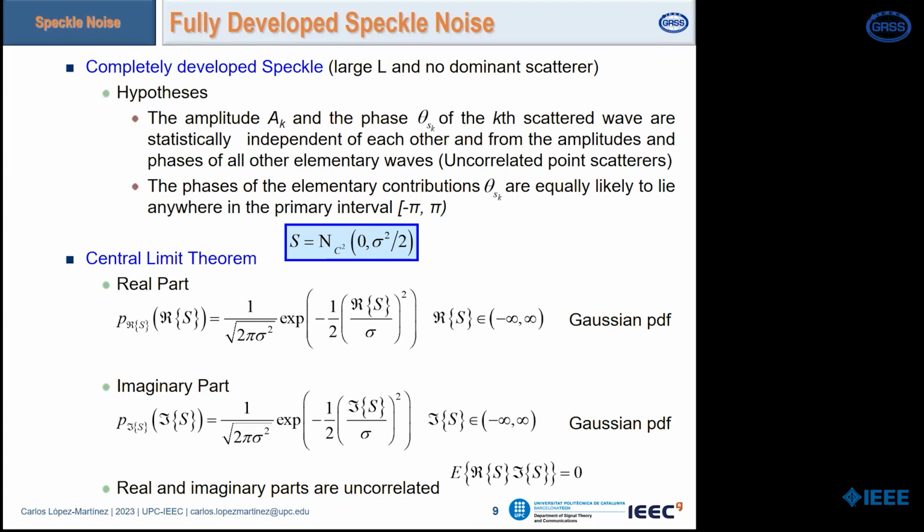Therefore, we can model the SAR image as a complex normal distribution for the real and the imaginary parts. The real part will follow a Gaussian PDF, the imaginary part will also follow a Gaussian PDF, and the correlation between the two is equal to 0.